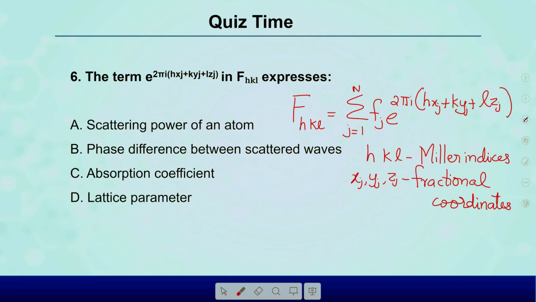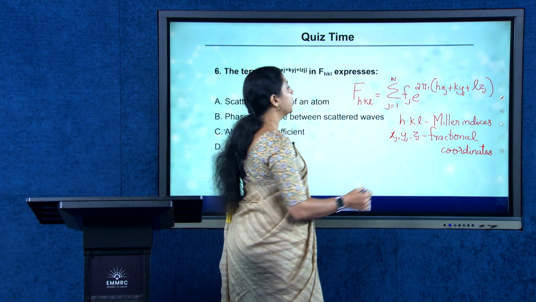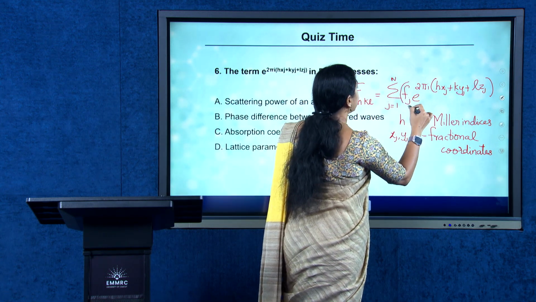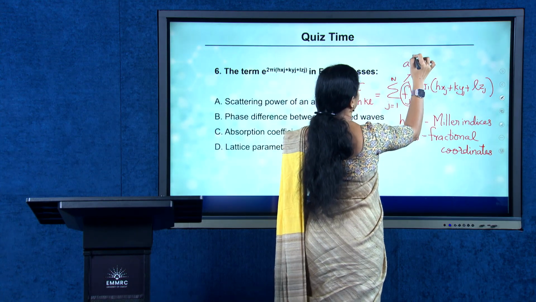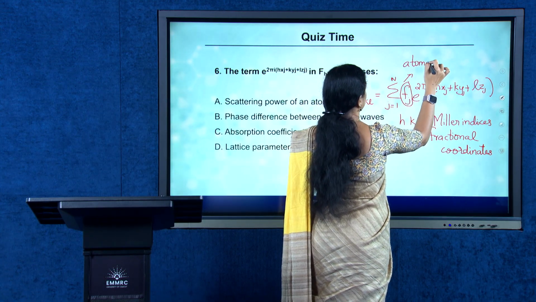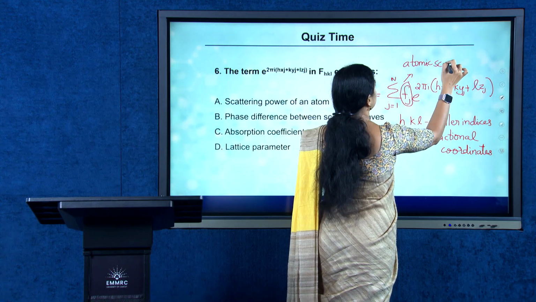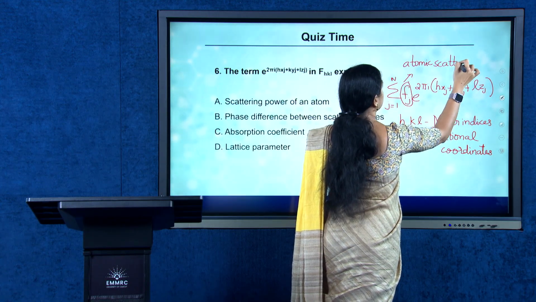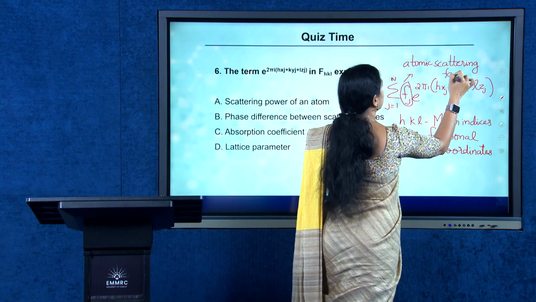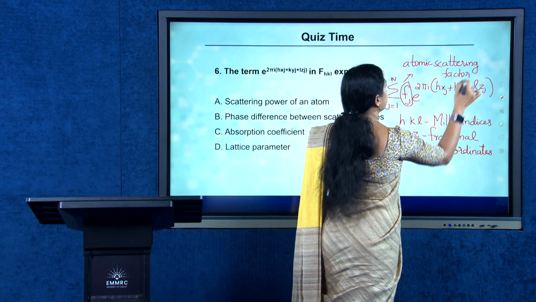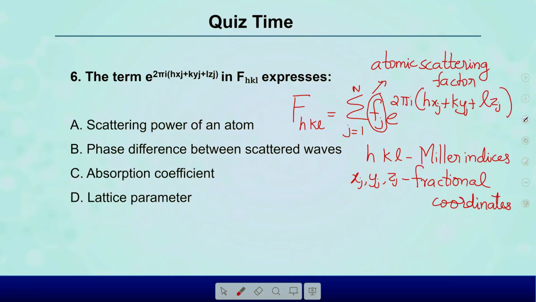So, the fractional coordinates. In this term, Fj represents the atomic scattering factor. In the second term, you can see the Miller indices plus the fractional coordinates describe the position of the atom.